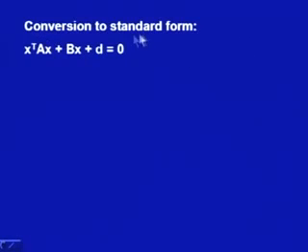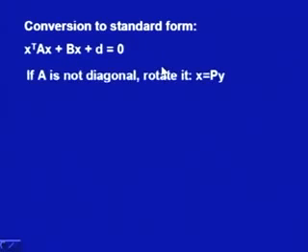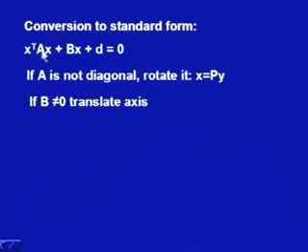Now we start with the general form of the quadratic equation, x transpose Ax plus Bx plus D equal to 0. Of course, we have till now concentrated on this part, x transpose Ax. So let us consider we have a general form, x transpose Ax plus Bx plus D equal to 0. Then if A is not a diagonal matrix, then we rotate it by this transformation, x is equal to Py, and it will become a diagonal matrix.